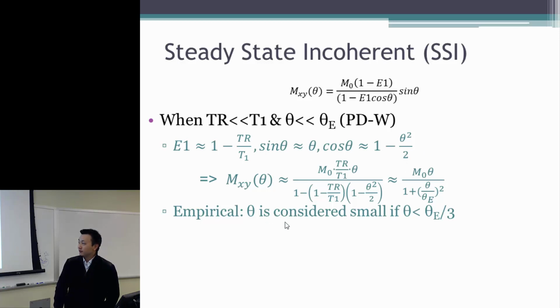So if we have a flip angle less than 1/3 of the Ernst angle, that means this term is less than about 0.1, 10% of this denominator. So we can consider that theta is small enough. So we call this small flip angle imaging. In small flip angle imaging for gradient echo, the images are mainly proton density weighted.